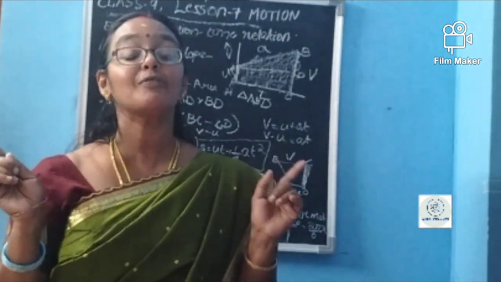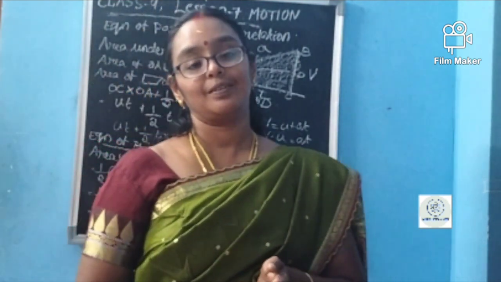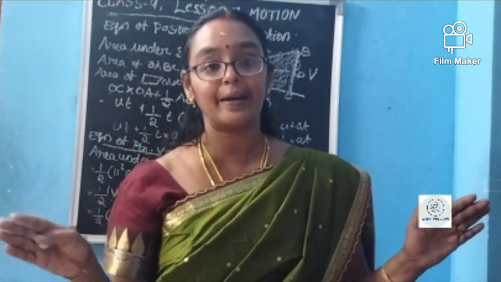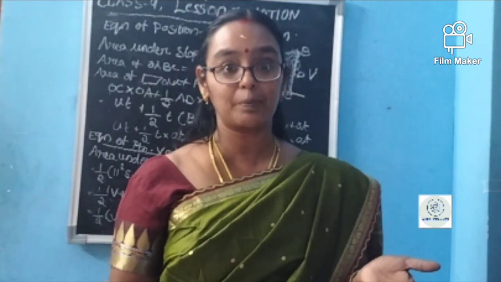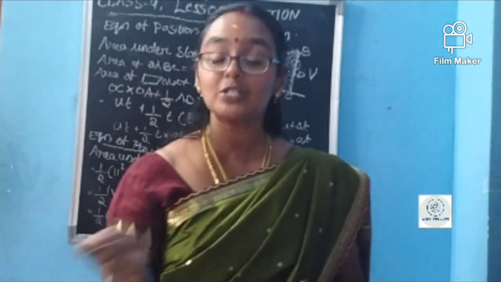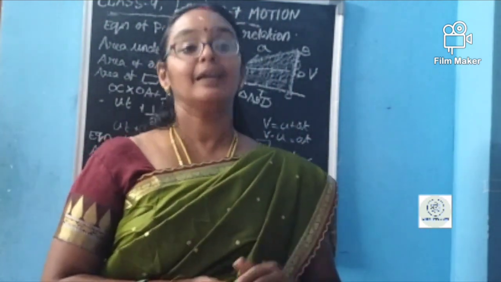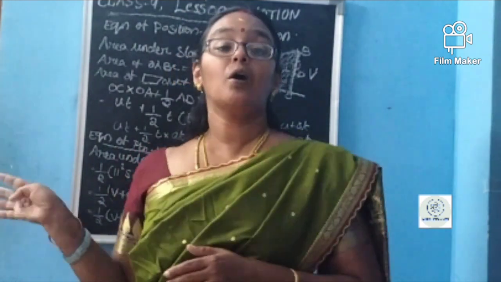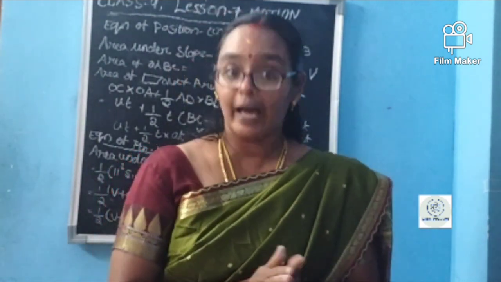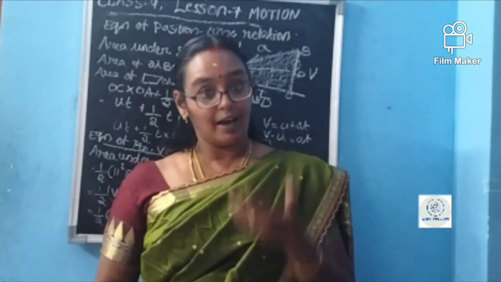Yes. 2 pi r is the distance, divided by time. Speed is distance divided by time, right? So the speed for objects moving in circular motion is 2 pi r divided by t. All these equations are very essential for answering the numerical questions, which will follow in the next video.